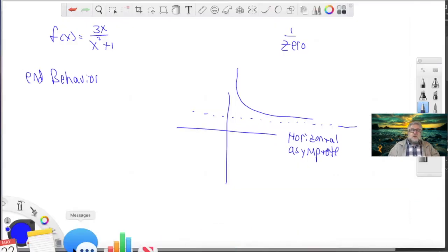And the way we figure it out is end behavior happens when we put a really, really big number in here for x, like infinity. But it's hard to plug infinity into things to find horizontal asymptotes.